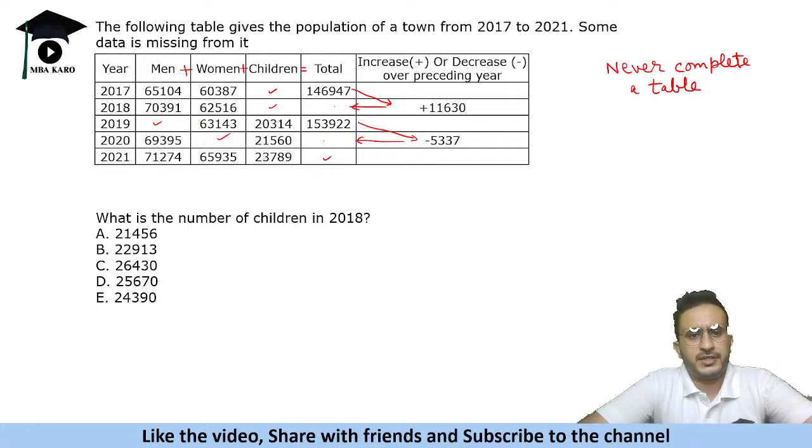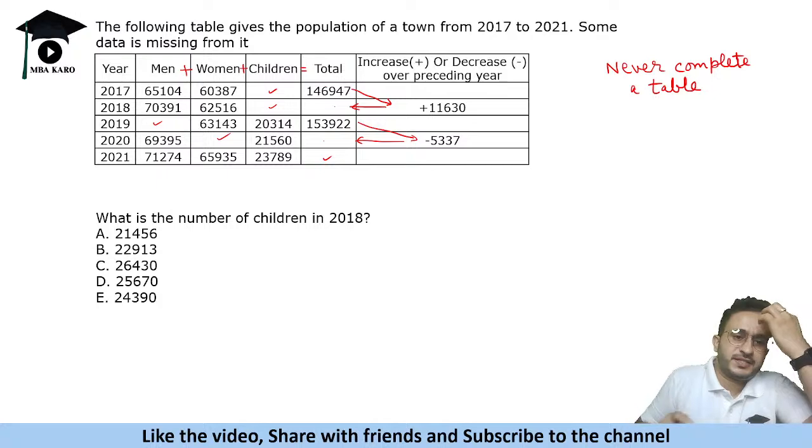And they may not ask you all the values, they will just ask some of the values. So in that scenario, just complete the things which are needed for the questions. So let's solve this question.